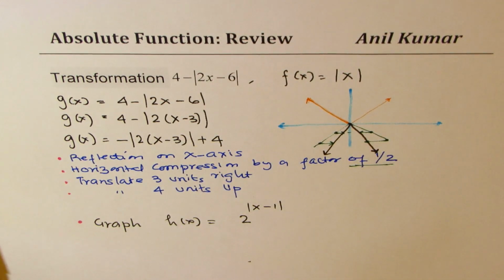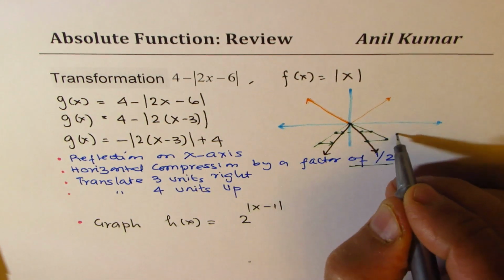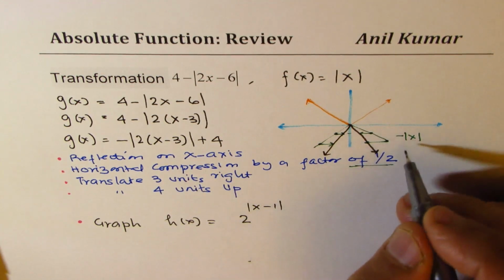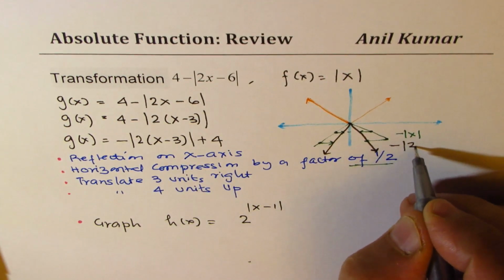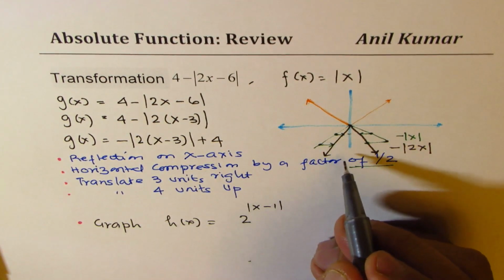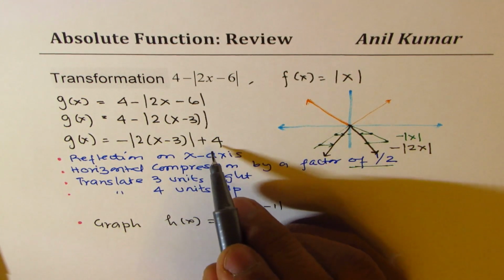So as you can realize, we had minus absolute x at that stage, and now what we did was we compressed it horizontally, correct? So when you compress it horizontally, then it becomes this. Is that okay? Now after this, we have to translate 4 units.